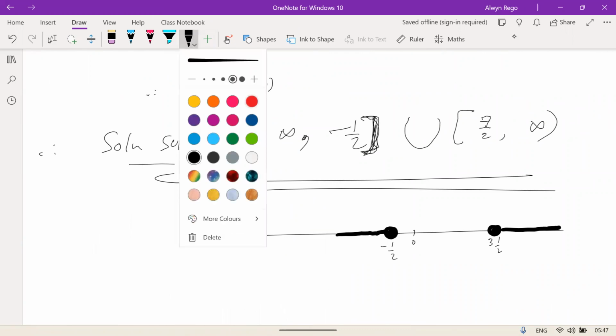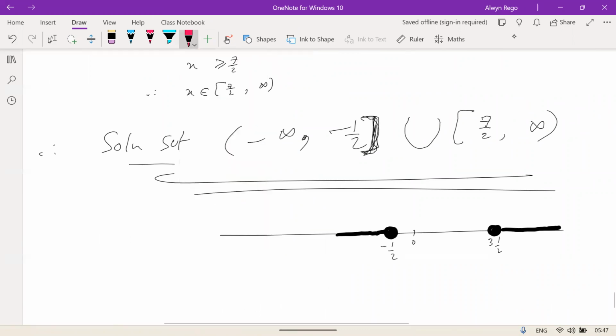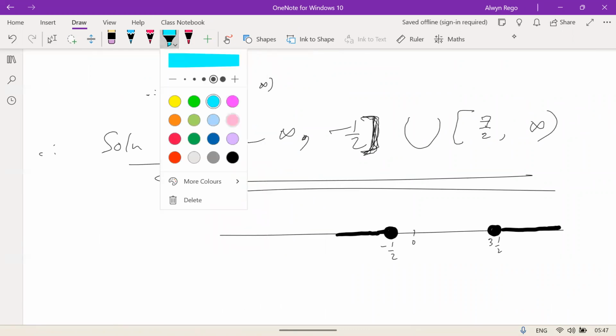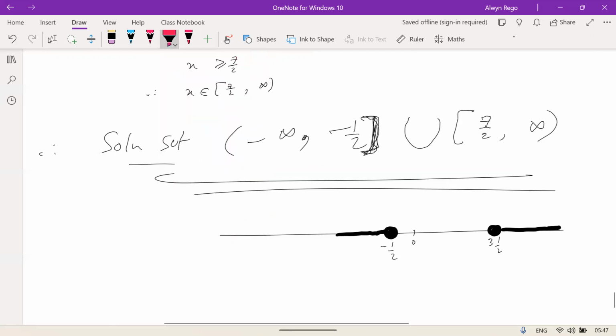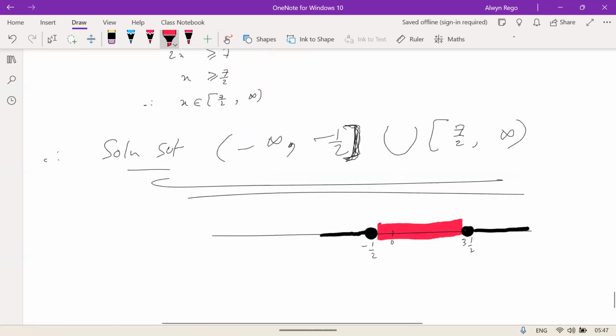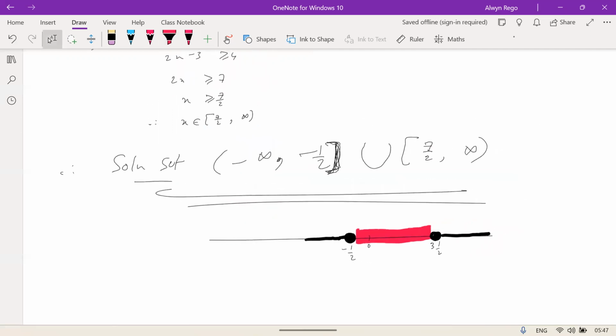So in this zone, you don't have any solutions. If you plug any value into the inequality here, no value will satisfy it, on those conditions they're not more than or equal to 4. So the solution set is only the values from here, either here or here.